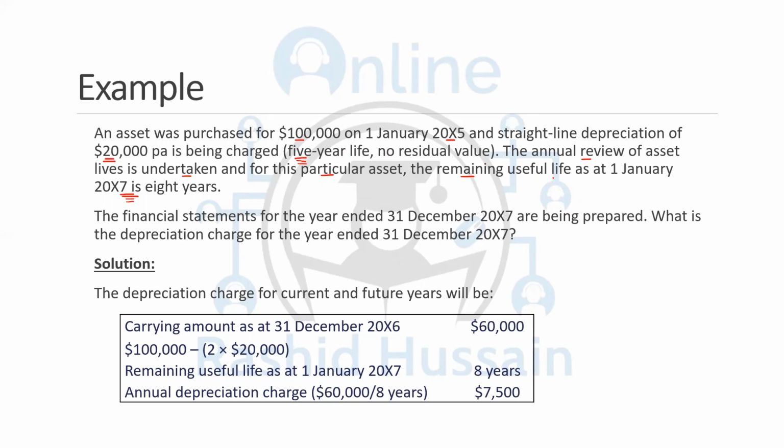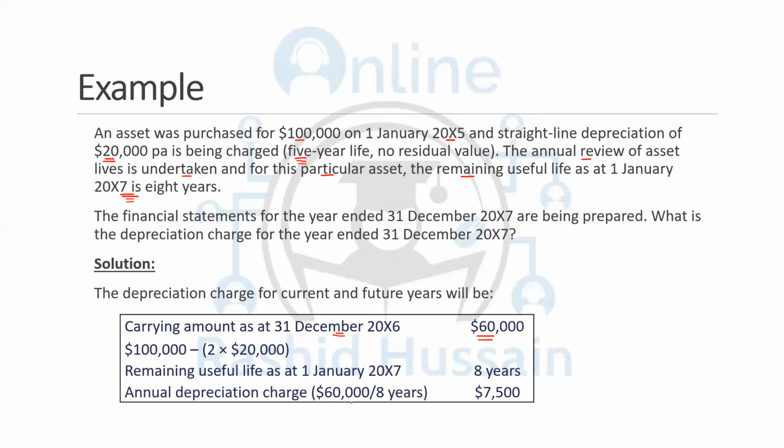Now, at what time are they changing their accounting estimate? At 1st January 2007. At 1st January 2007, 2 years have already passed. So the carrying value of the asset at 1st January 2007, or at 31st December 2006, is 60,000: 100,000 minus 2 years' depreciation. Now the further depreciation should be charged over the remaining useful life.